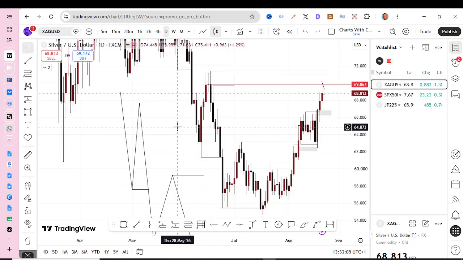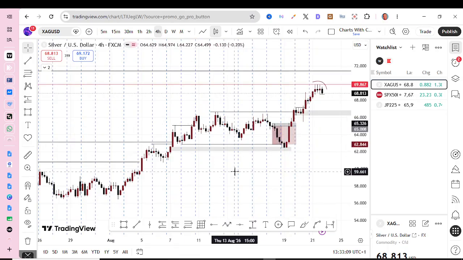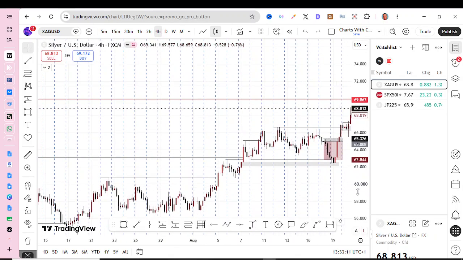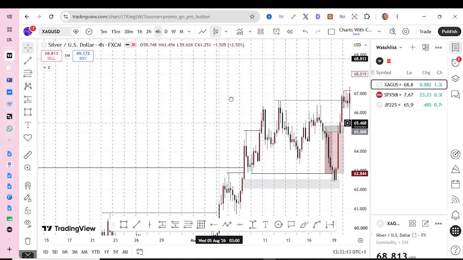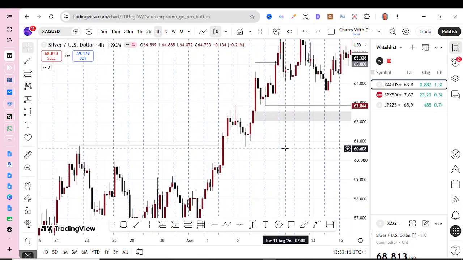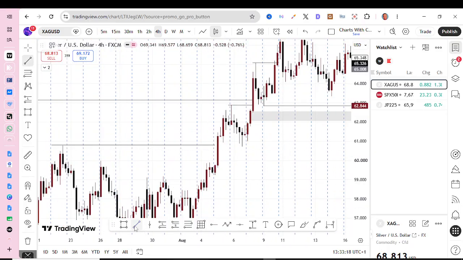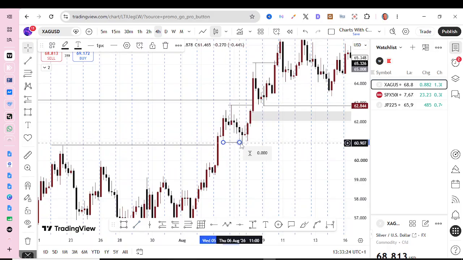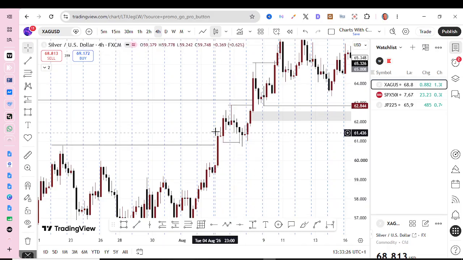Now let me show you something from the 4 hour time frame too. Look at this. This is a pullback, right? Because we had a break of structure here.